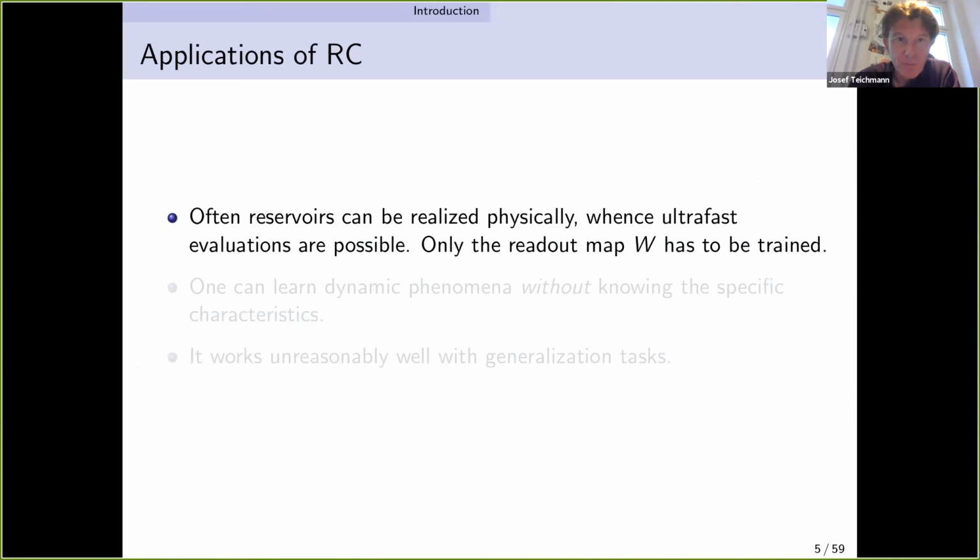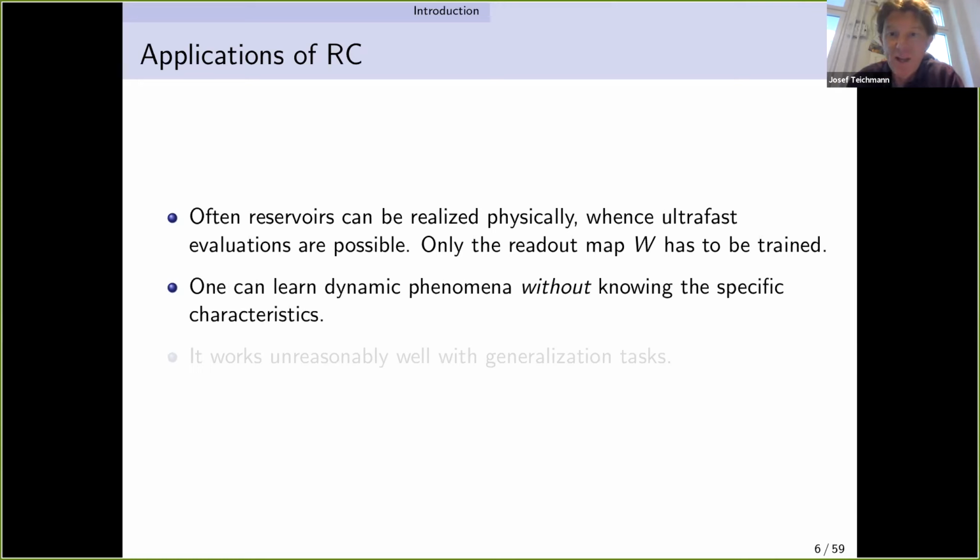Okay, reservoir computing, many people in the audience know, is interesting for several reasons. One of the reasons is that the reservoirs sometimes are realized physically as, let's say, optical experiments or electromagnetic experiments, or maybe even quantum experiments, and only the readout map has to be trained.